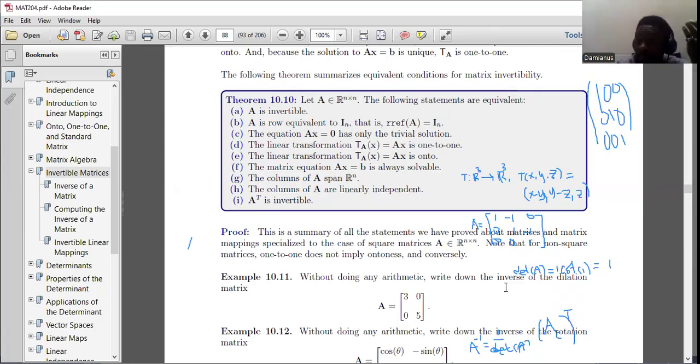If the inverse exists, it means it's invertible, and that answers the question that it is 1-to-1 and onto. Then you find T inverse, the inverse of this transformation. That's not too complicated.